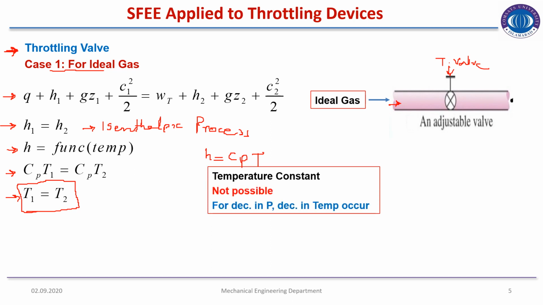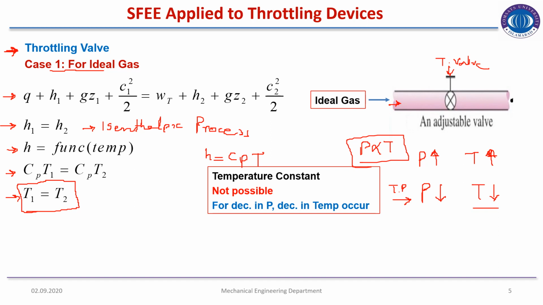So from the Gay-Lussac principle, you know that when we increase the pressure of a substance, then temperature will also increase, and when we decrease the pressure of any substance, then temperature will also decrease, because P is directly proportional to temperature. Now in the throttling process, the pressure is significantly reduced.